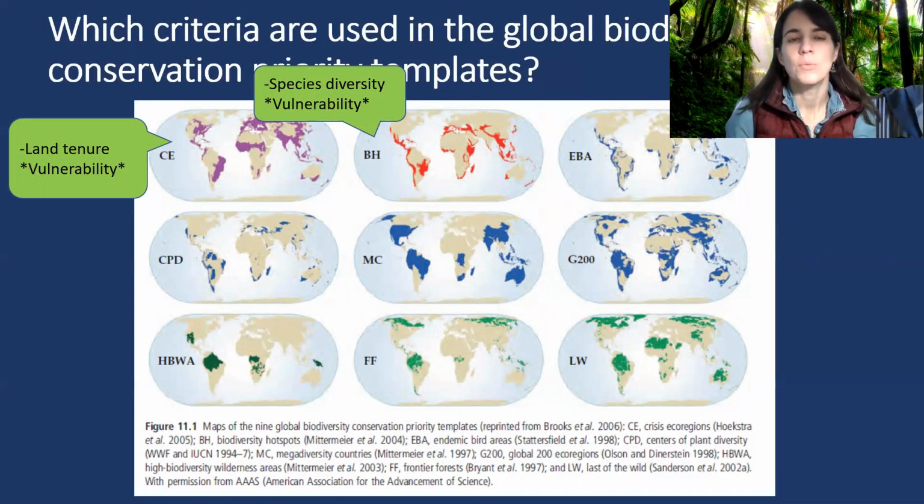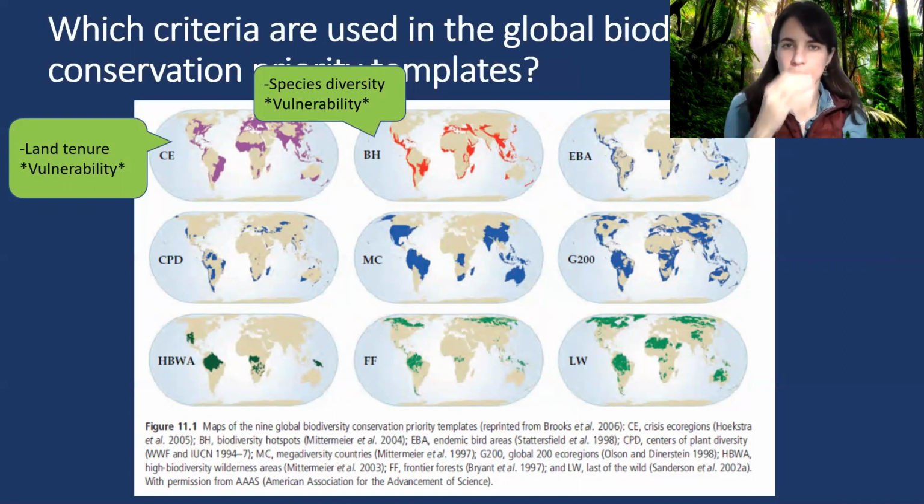So the ones that are marked here are places where there's tons of private ownership, not a lot of national or state ownership. And so private owners are less likely to want to give up their land for conservation, right? Whereas a state can set aside places more easily. And then biodiversity hotspots, that also takes into account how threatened the species are as well. So biodiversity and then the number of endangered species.